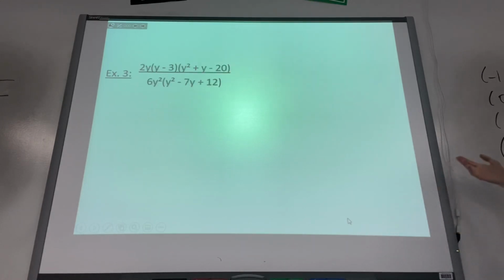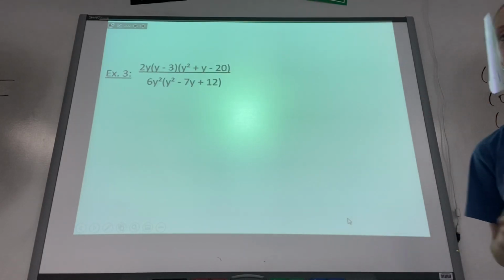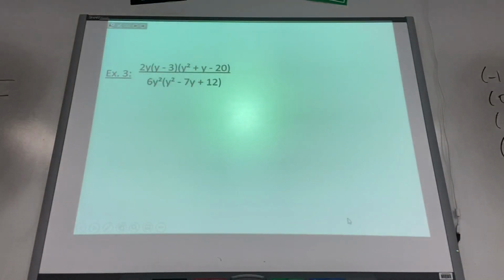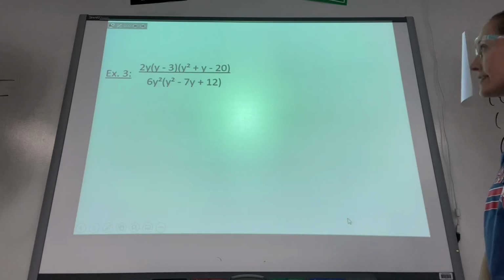Moving along then. Number 3, getting into some good ones here. Number 3 says 2y times y minus 3 times y squared plus y minus 20, oh boy, all over a 6y squared times y squared minus 7y plus 12.